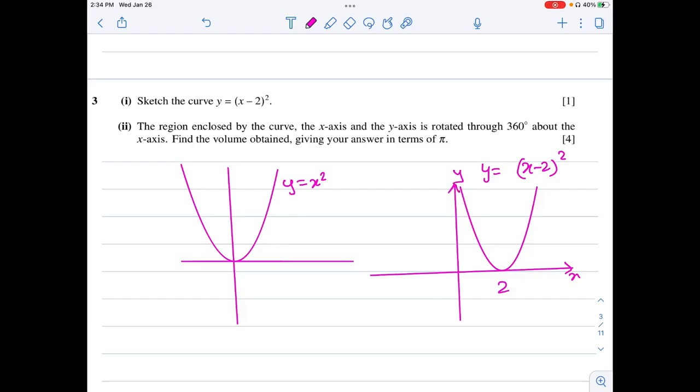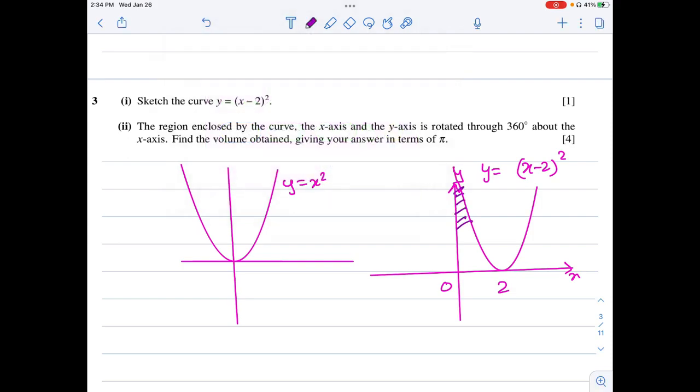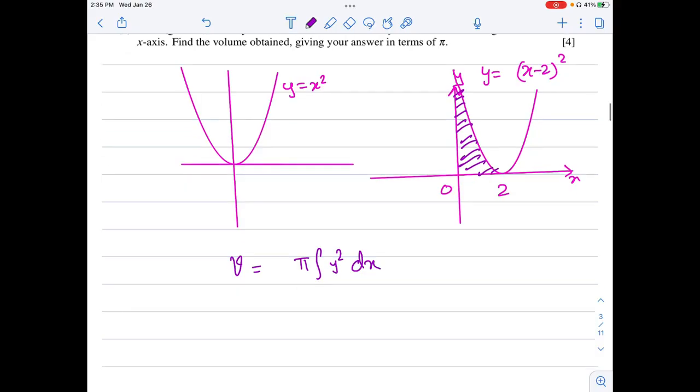X-axis, y-axis, and origin. The region enclosed by the curve and the x-axis and y-axis is rotated 360 degrees about the x-axis. Find the volume. So I extend this one and the region. This region is rotated 360 degrees about the x-axis. What's going to be the volume? Whenever it is about the x-axis, it is pi integral y square dx.